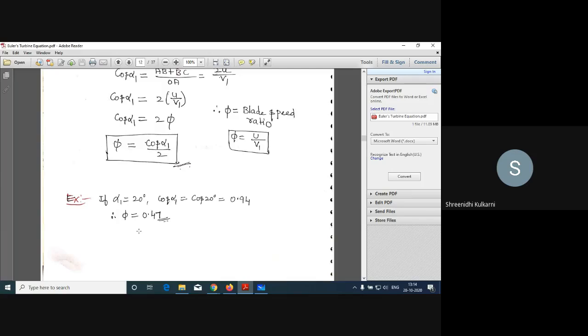So this blade speed ratio varies from 0.46 to 0.48.